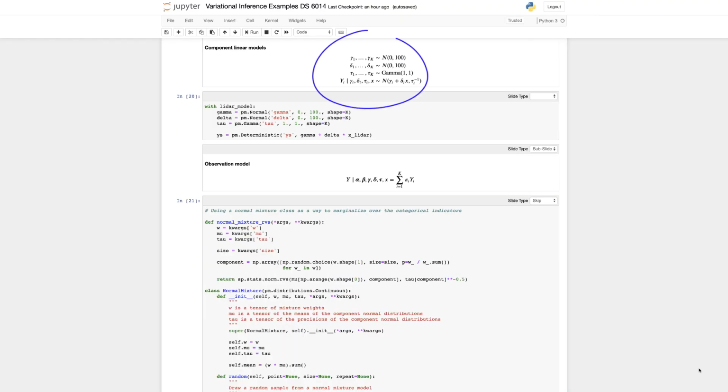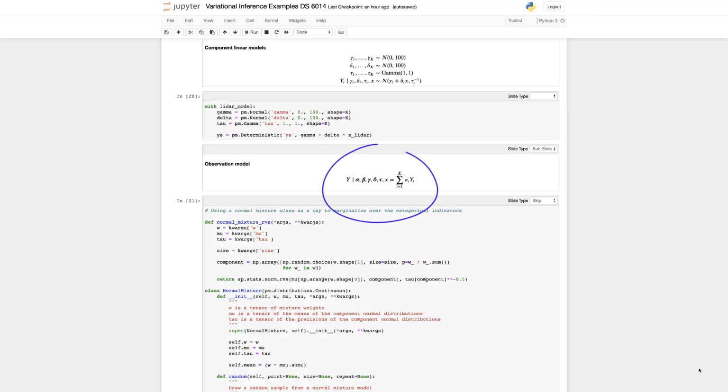So the component models are going to be regression models where y will be the representation on the y-axis and x will be the data on the x-axis. And they'll have parameters gamma and delta and also tau, gamma being the intercept term, delta being the slope, and tau being the precision.